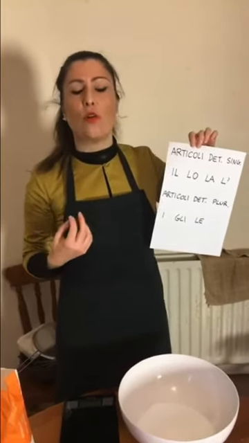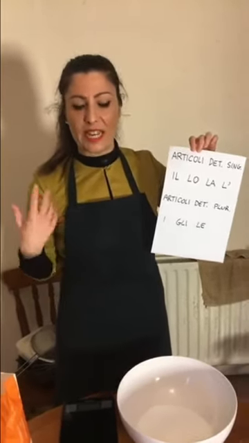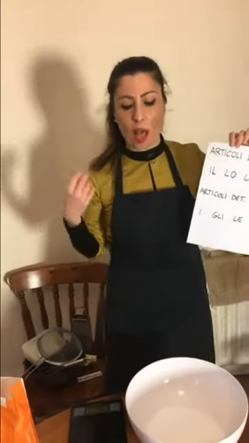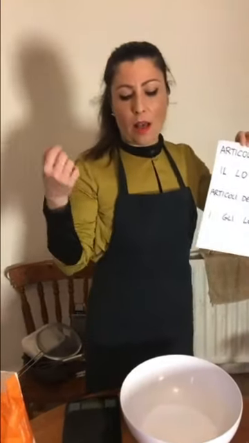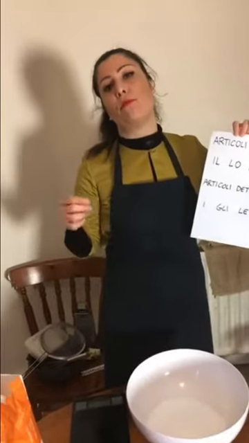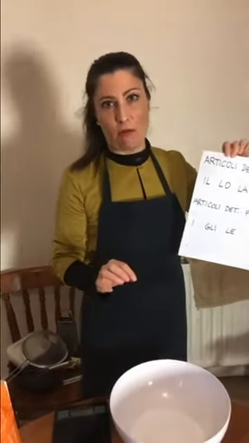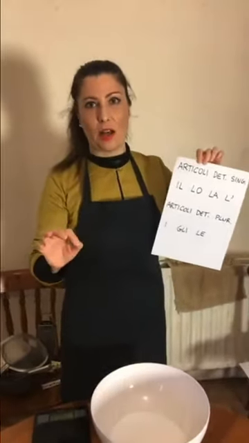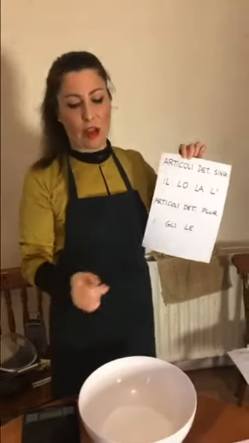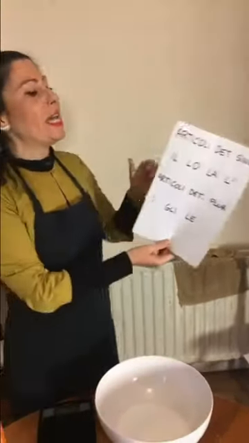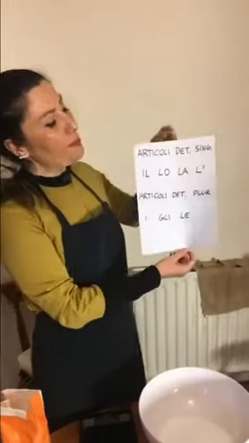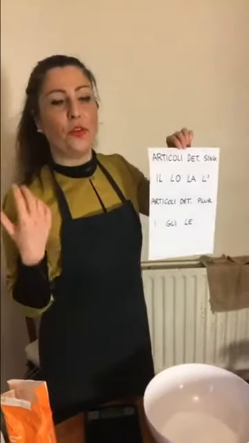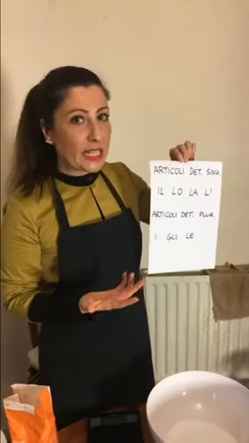They are called definite articles because they indicate something definite. So I want the flower, not just any flower, that flower. In Italian, it's a bit tricky, but if you know the rules, it's going to be very easy for you.